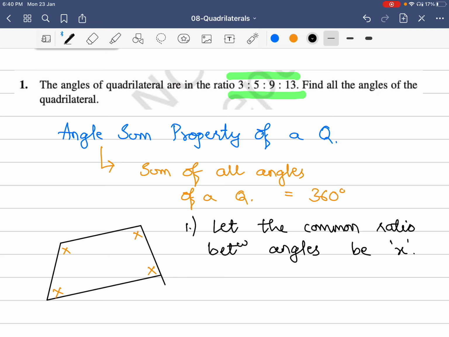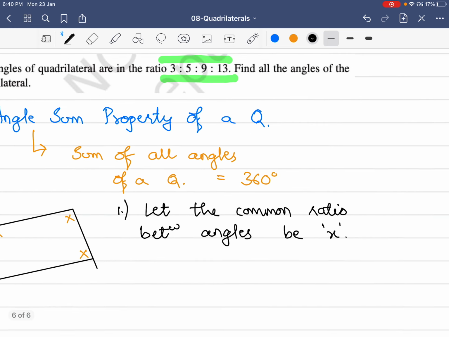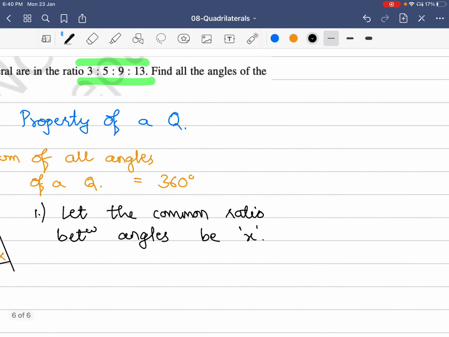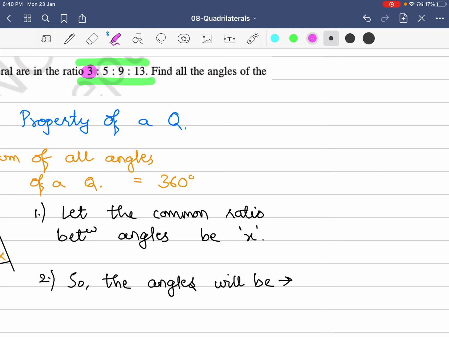So step number 2. So the angles will be, what will be the angle? First we have 3, so the angle will be 3x.